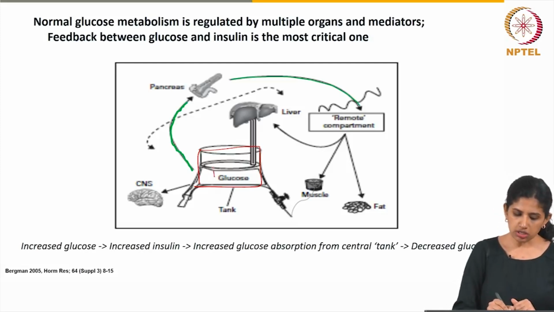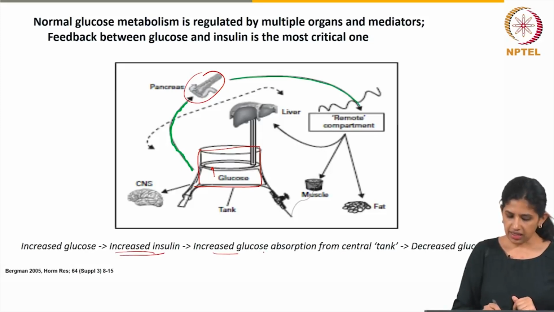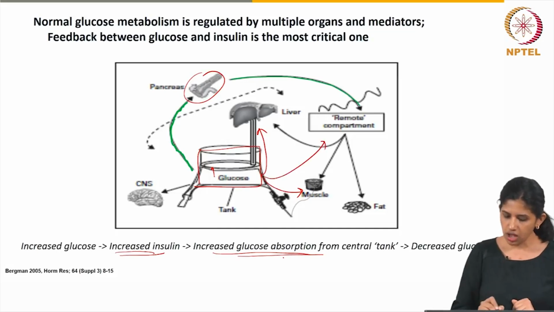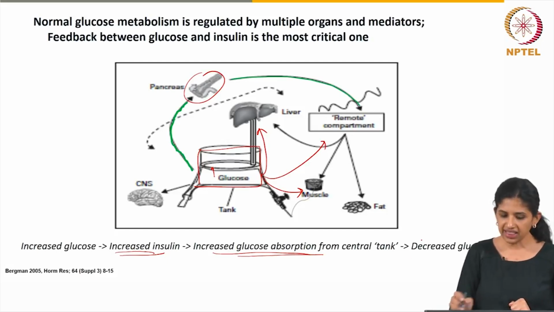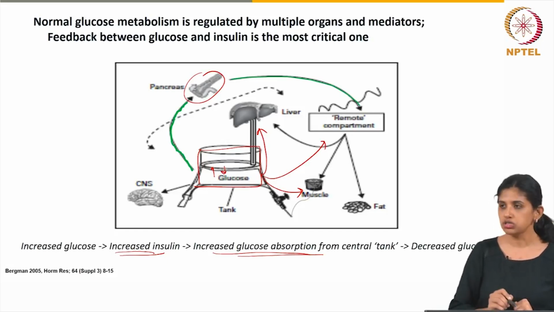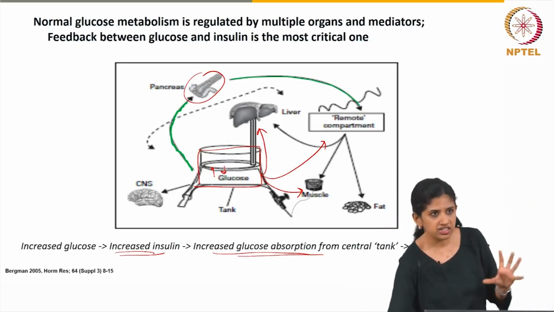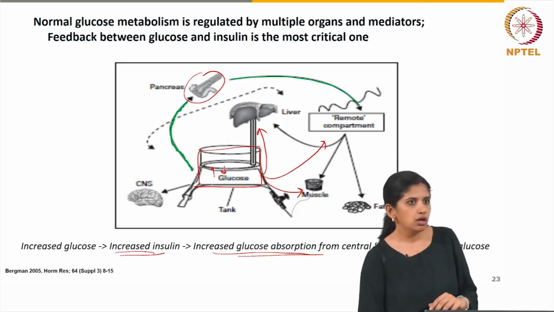But as glucose increases in this compartment, it signals to the pancreas, and the pancreas secretes insulin, and when you have a lot of insulin, that increases the glucose absorption from this tank. It goes to the muscle, the liver, and other tissue. That is what happens to the glucose when you have insulin, and that eventually decreases the glucose in the central tank.